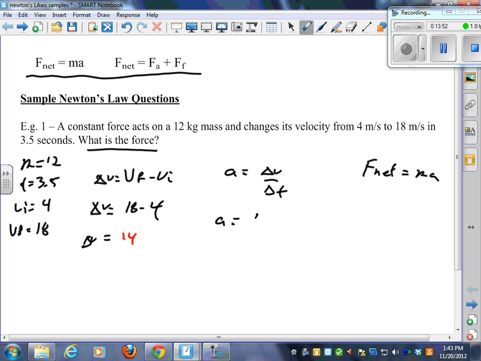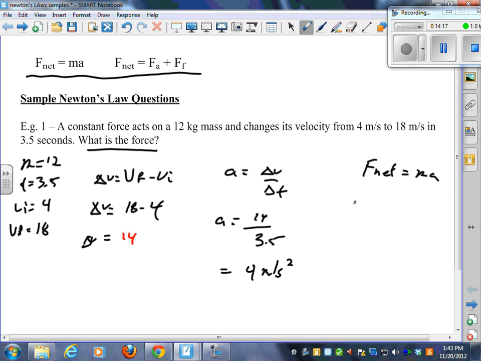So A is equal to 14 over my time, which is 3.5. 14 divided by 3.5. 3.5 times 2 is 7, so that's going to give me 4.